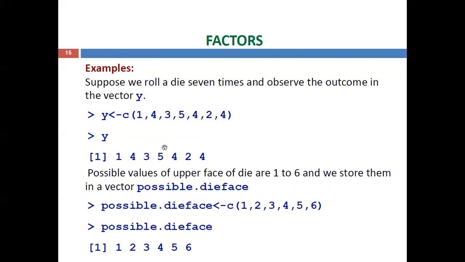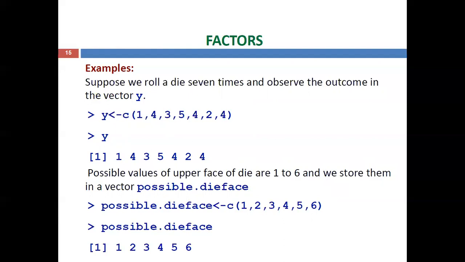First, whenever you apply levels, what is the output? Here the levels, possible.dieface, we have taken as the 1 to 6 combination. The levels are 1 to 6. Now all these values are sorted in increasing order: first 1, then 2, then 3, then 4, then 5. So according to these levels, it is sorted in increasing order.